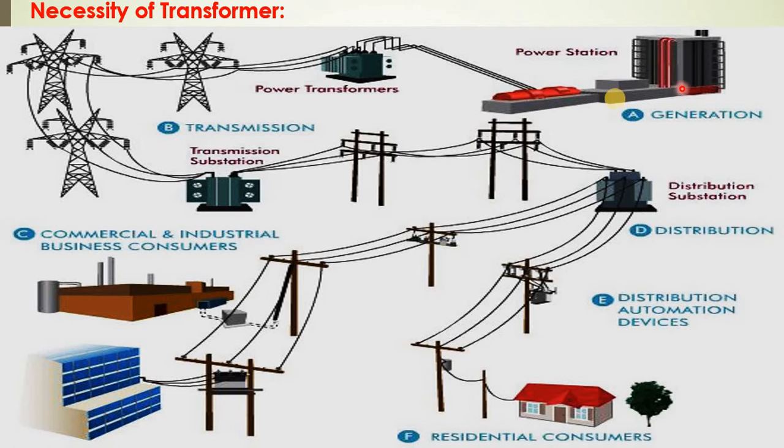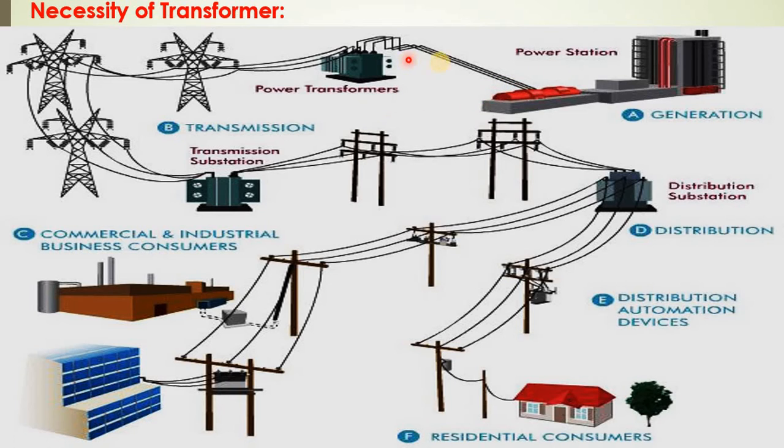In the case of conventional generating stations, that is thermal power stations, nuclear power stations, and hydropower stations, the generating voltage level is most of the time 11 kV or 6.6 kV, or some intermediate voltage like 9.4 or 9.3 kV.